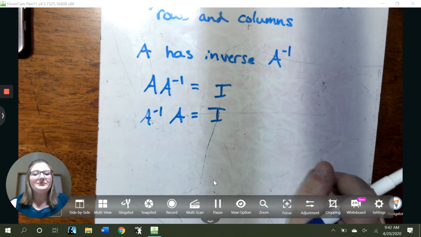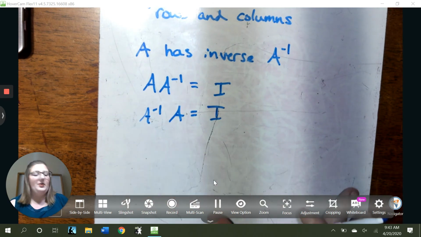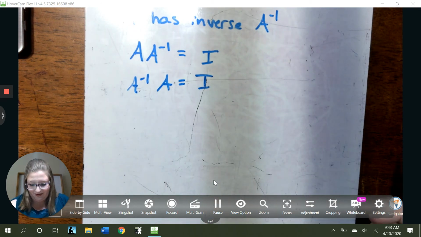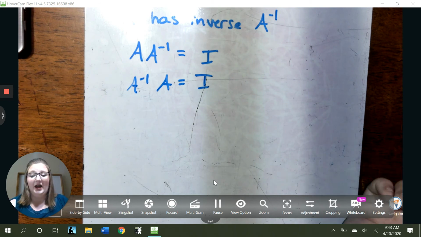So this is the notation for an inverse matrix, but we also want to be able to do that in the calculator. So to type this in the calculator, you would type your matrix, and then outside of the matrix, you would use a power of -1.